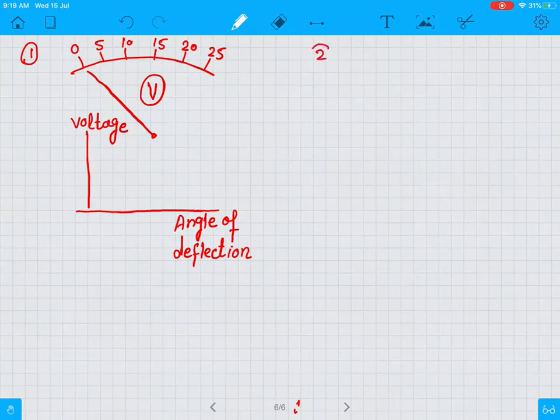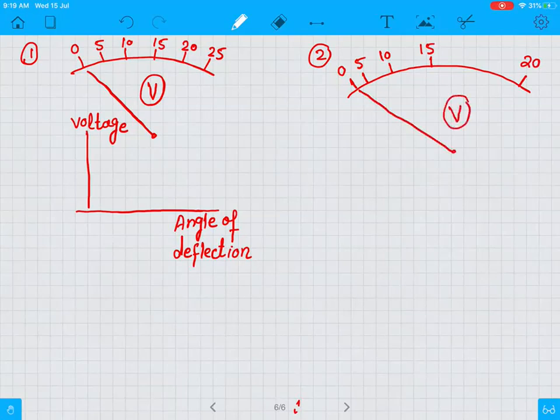Second example is when the sensitivity is increasing. The divisions are getting bigger. Now you see the divisions are 0, 5, 10, 15, 20. However, the size of divisions is increasing. This is the pointer and this is another analog voltmeter.